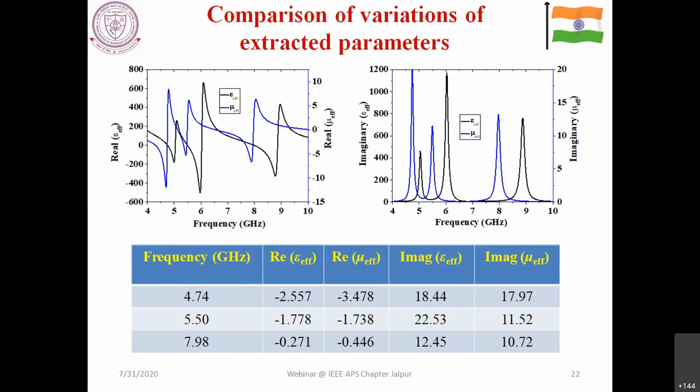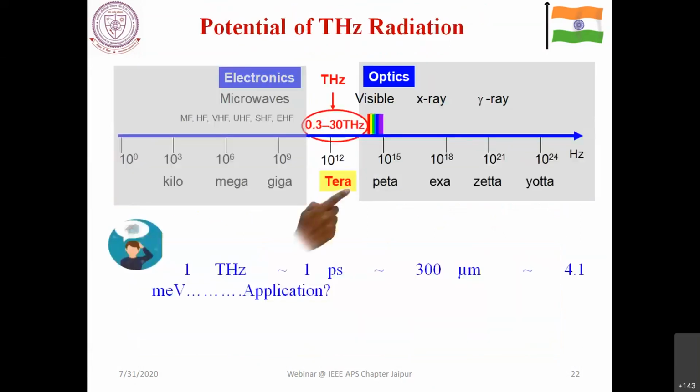And later, you can always fix some kind of inherent symmetry and other kinds of structures. I also want to tell you that whatever I have discussed till now is structures in the gigahertz. Nowadays, you can find that substantial research has been carried out in the terahertz domain also.